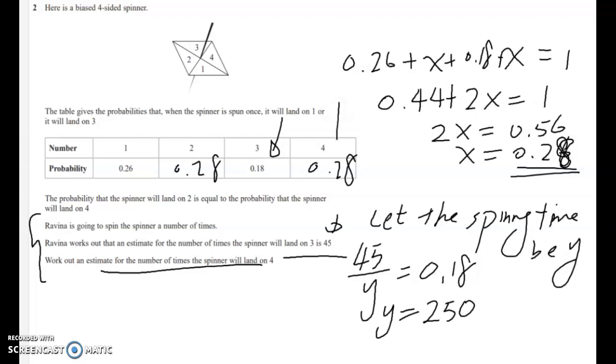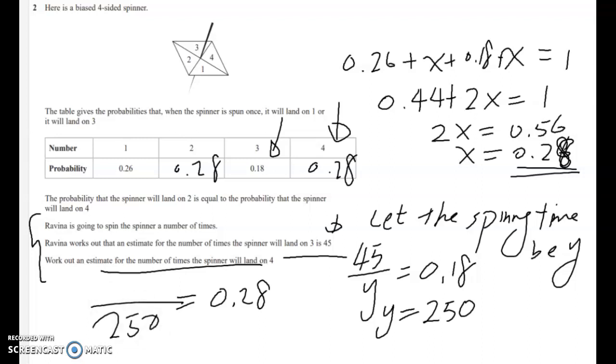So now let's leverage this information because you want to find the number of times it lands on 4. We know that the probability is 0.28 and the total number of spinning times is 250.